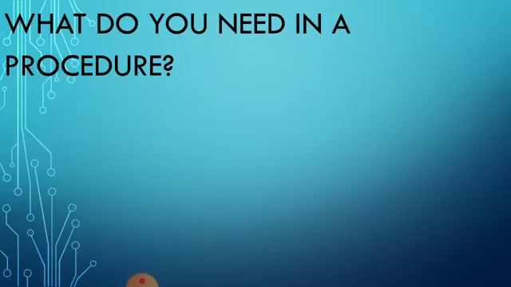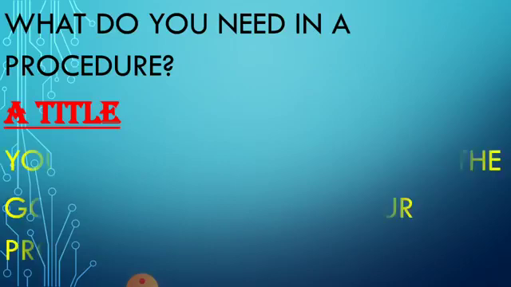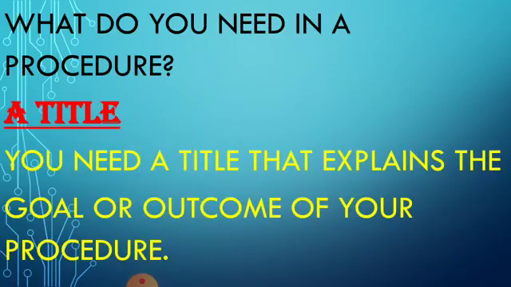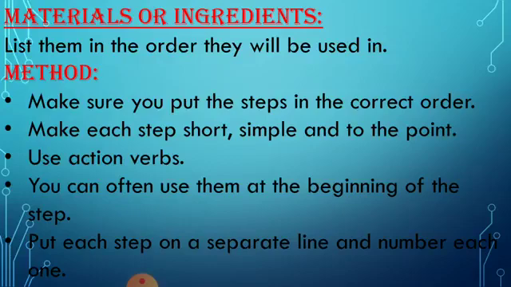Now, when we start writing a procedure, what exactly do we need in it? The first important thing we need is a title. The title explains the goal or outcome of your procedure. The second thing is materials or ingredients.